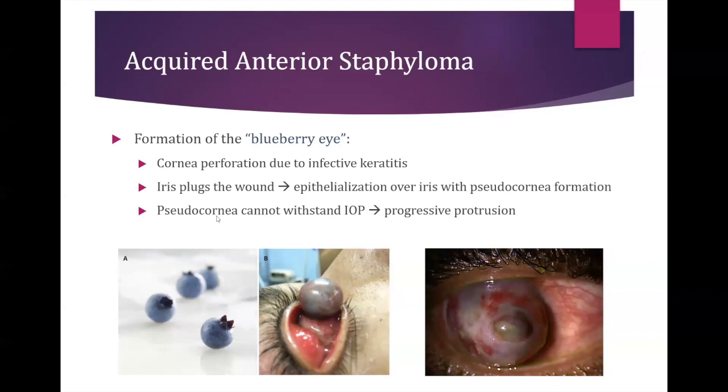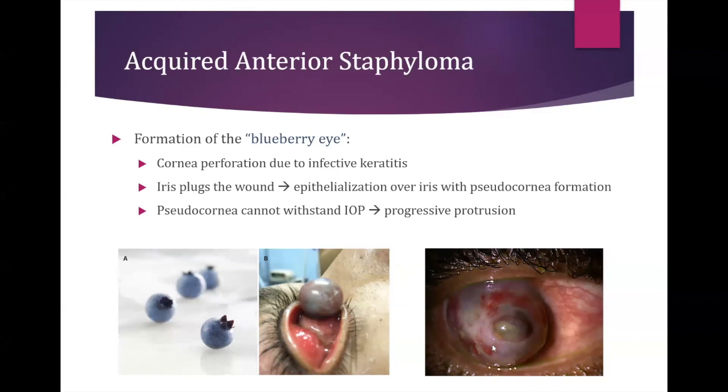pseudocornea. And the pseudocornea is weaker, so it cannot withstand your normal intraocular pressure, which then leads to gradual protrusion of the eye. And also, if you can imagine, if your iris is stuck to the posterior surface of the cornea, there's narrowing or even closure of your anterior chamber, which causes further elevation of your pressure.